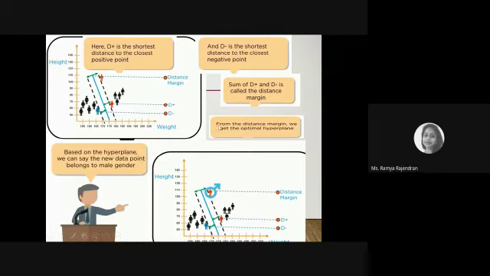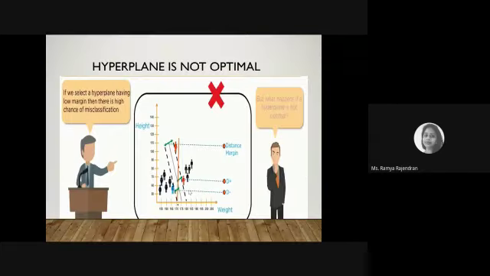So from the distance margin we'll be able to get an optimal hyperplane. I hope you're able to understand all this. With this we were able to identify this person as a male. Let's imagine you create a hyperplane which is not optimal. What will happen?